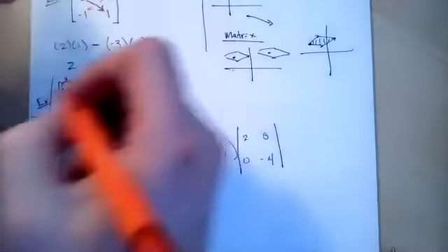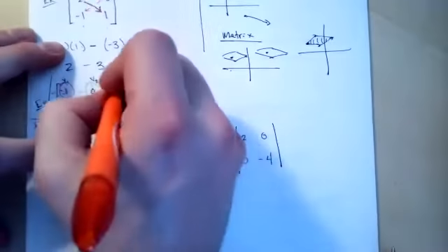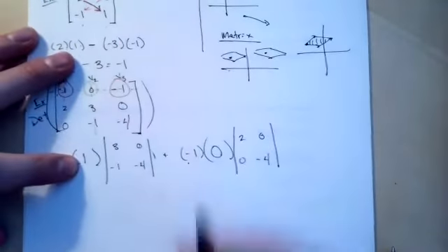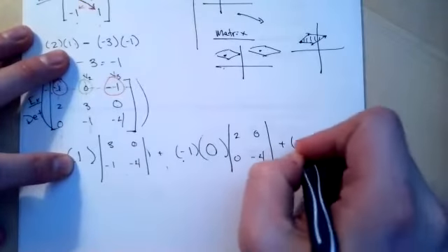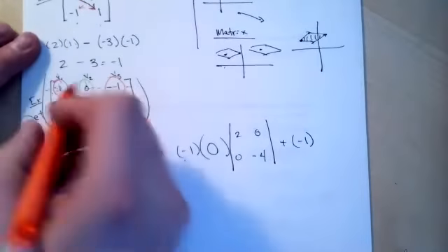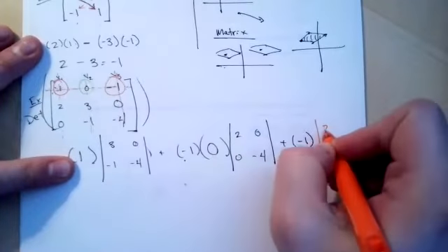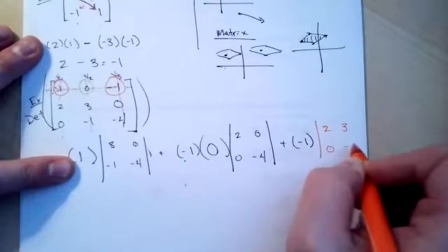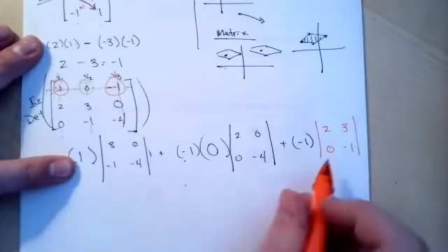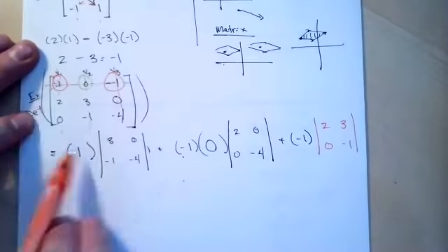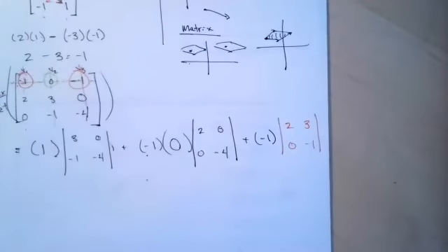And then our last one, this entry was a -1. And then when we eliminate that row and column, what is going to remain are 2, 3, 0, -1. So I probably should have done each of those in color so you could kind of see which row and column they correspond to. But then you're just going to expand all those.